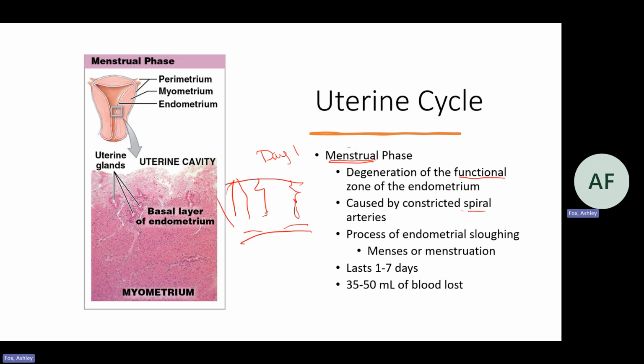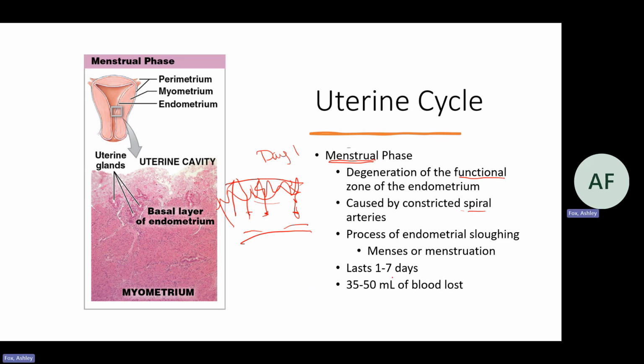Well, if we cut off blood supply because we constrict these, then all of this tissue out here is going to die, because we need blood supply, oxygen, and nutrition to supply this tissue. So constricting or stopping the blood supply to this layer leads to the endometrial sloughing. So you lose this layer, and that's menstruation, lost through the vagina.